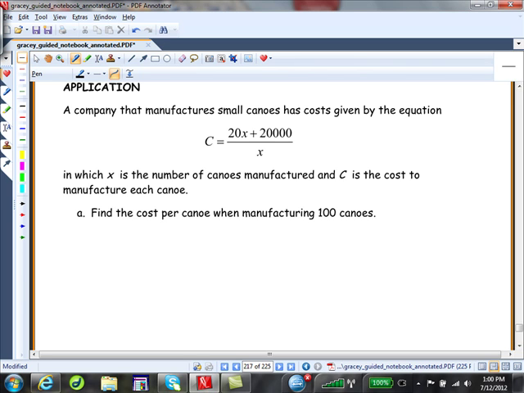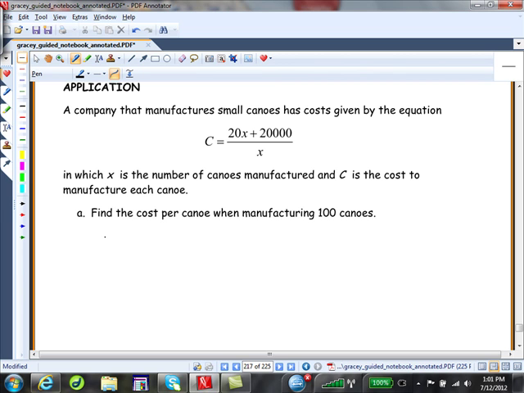A company that manufactures small canoes has costs given by the equation C equals 20x plus 20,000 all over x, in which x is the number of canoes manufactured and C is the cost to manufacture each canoe. Find the cost per canoe when manufacturing 100 canoes.